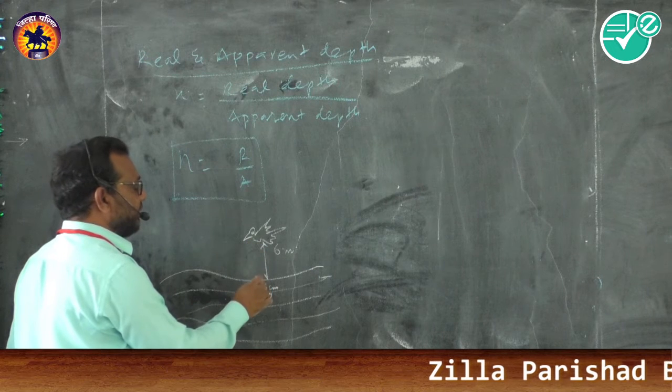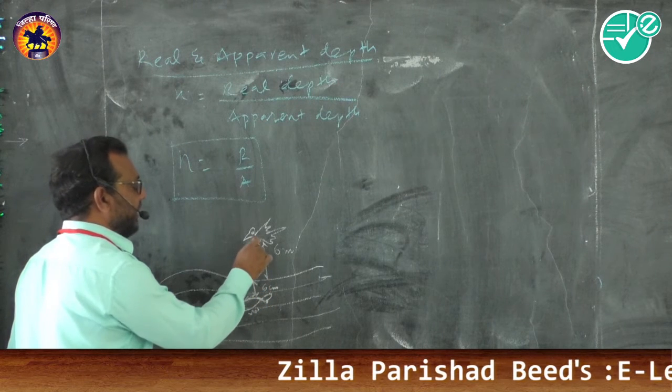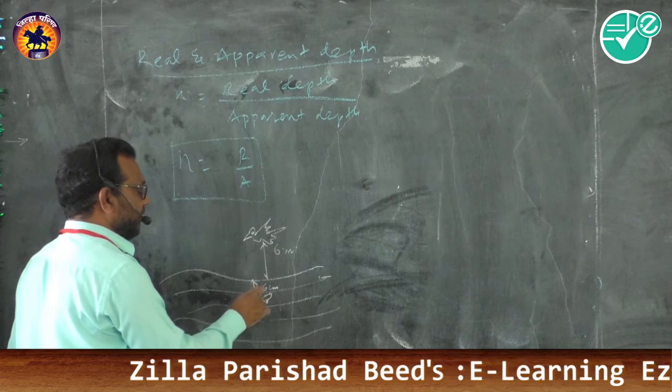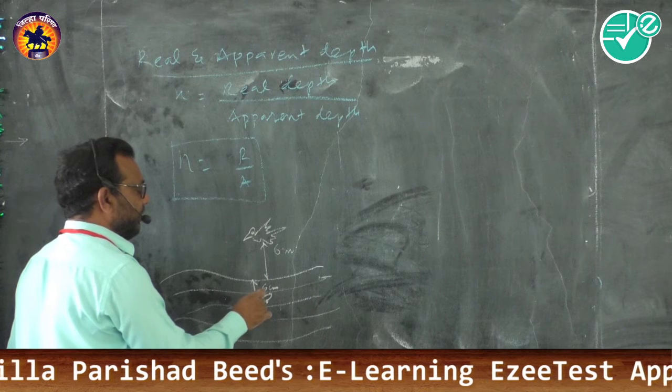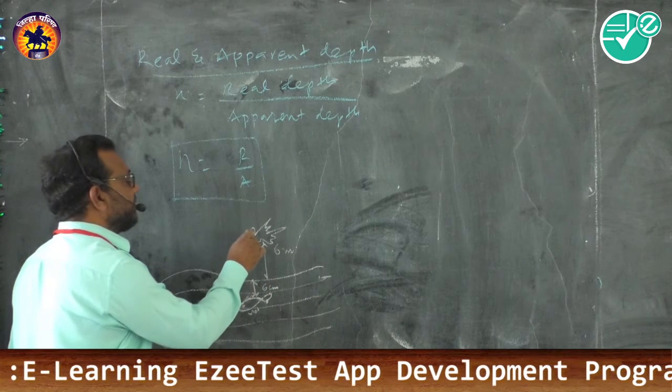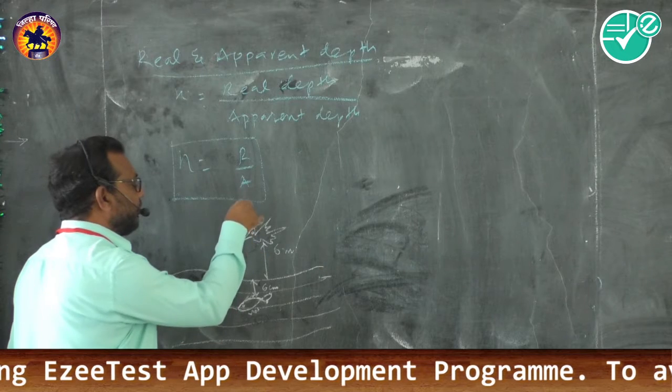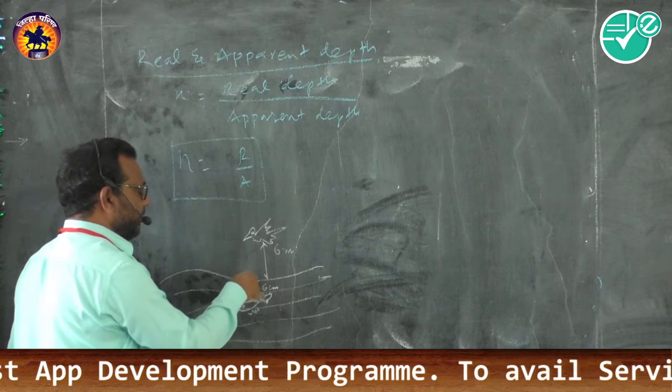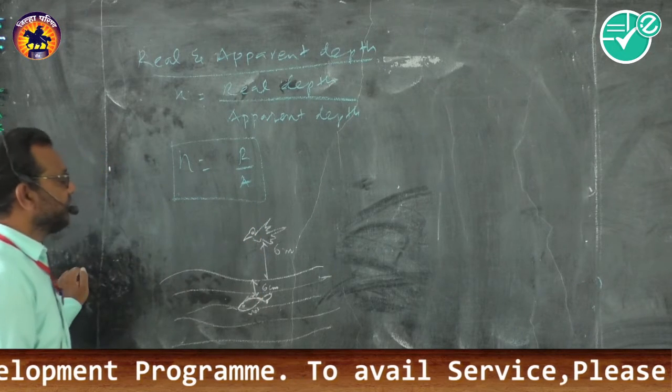To this crane, the fish is below the water level at a distance of 6 centimeters. So how much does this crane have to insert its beak to pick up that fish?